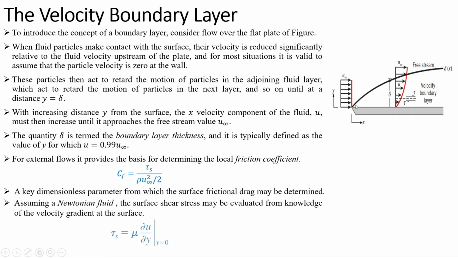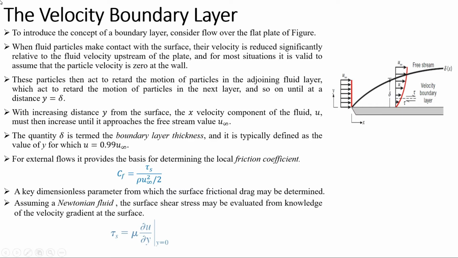And I have mentioned that velocity boundary layer is a region in which friction effects are significant. Outside the boundary layer, friction effects are negligible, but within the boundary layer, friction effects are significant. As you have learned the concept of velocity boundary layer, a similar concept exists for thermal boundary layer.